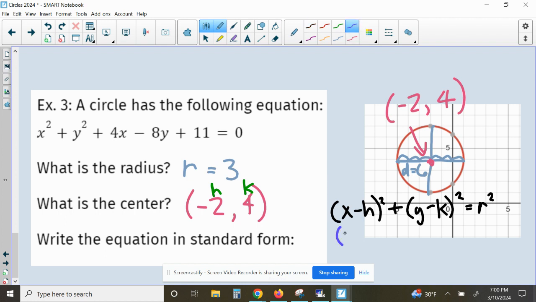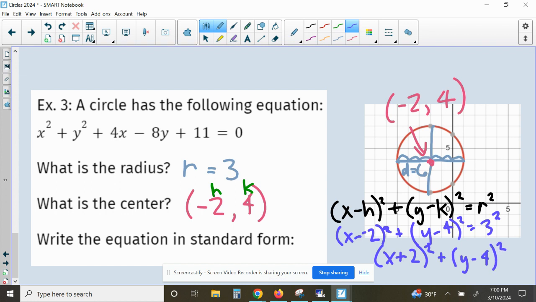So we got an x minus a -2 squared plus a y minus 4 squared equals r squared, 3 squared. So cleaned up, that is an x plus 2 squared plus y minus 4 squared equals 3 times 3 is 9. And that is all you have for your foldable.